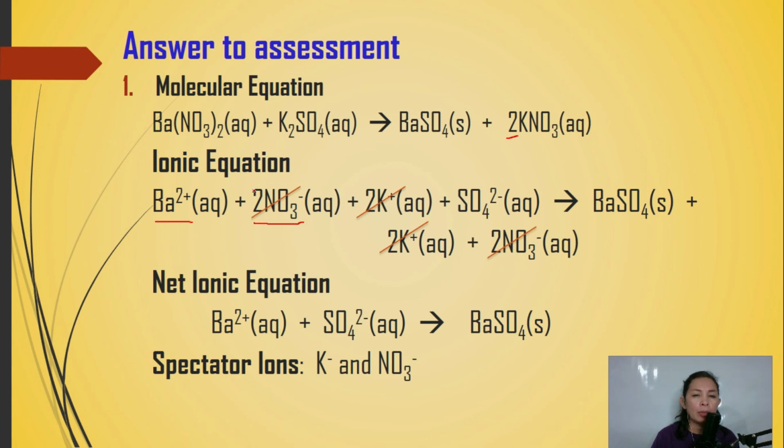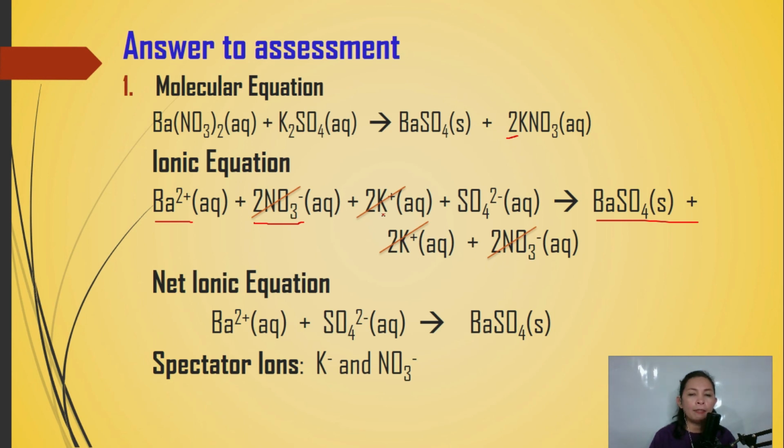So we have here 2 ions of nitrate, and potassium sulfate is also being ionized, forming potassium ion. We have 2 ions, and sulfate, we only have 1 ion. And barium sulfate is in formula unit form, and potassium nitrate is being ionized, forming 2 potassium ion and 2 nitrate ion.